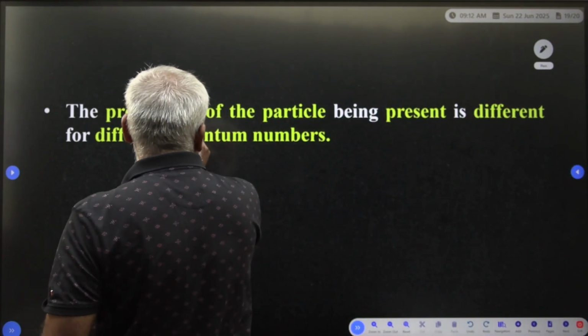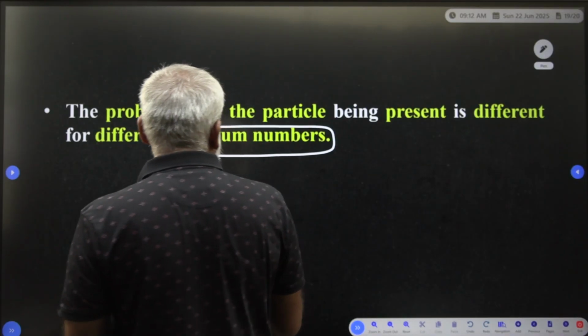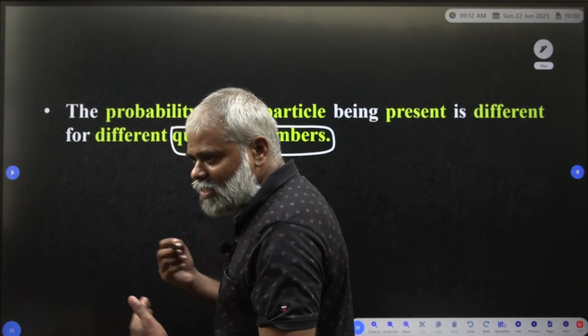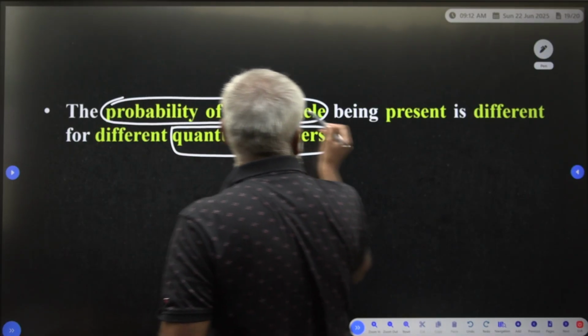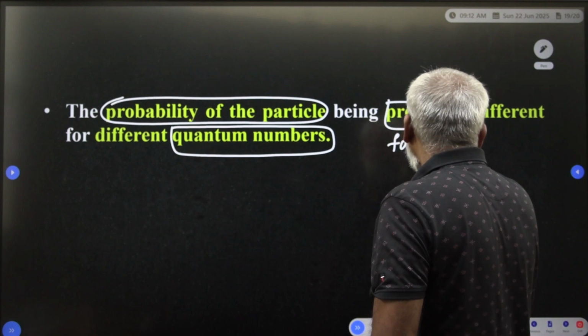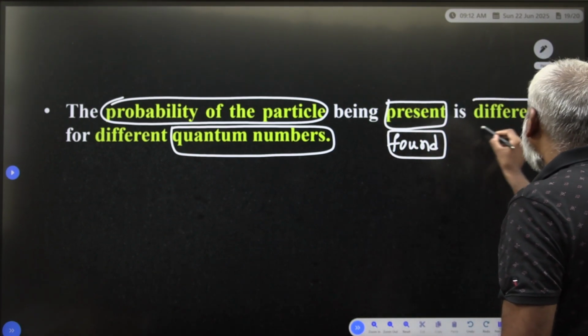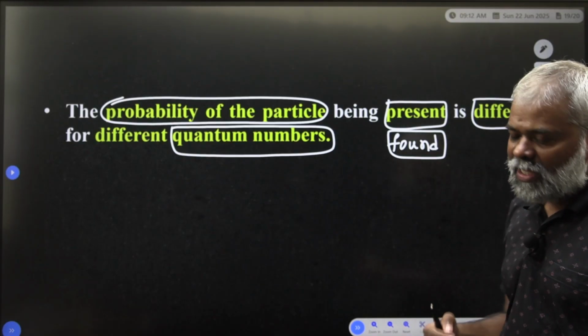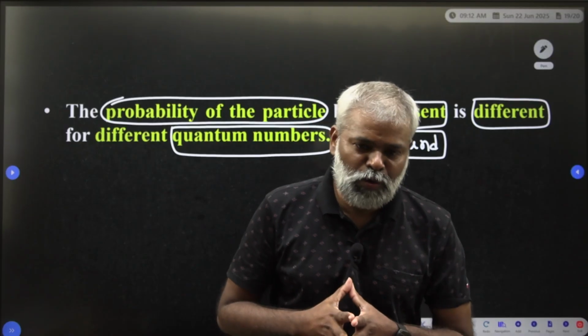For n equal to 1, the particle is found at a/2. If n is equal to 2, it is found somewhere else. This is a very important derivation.